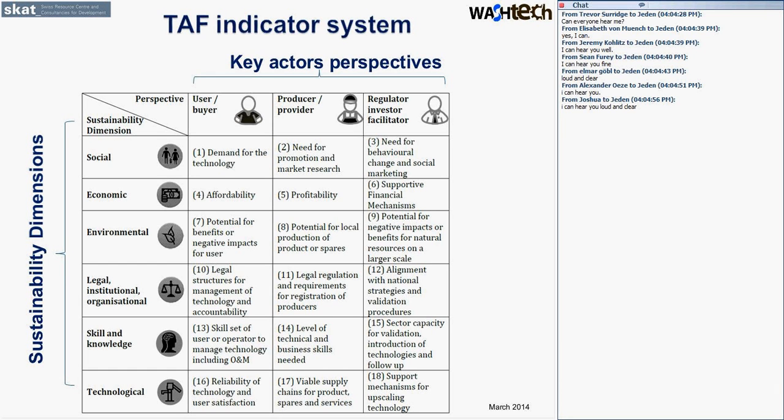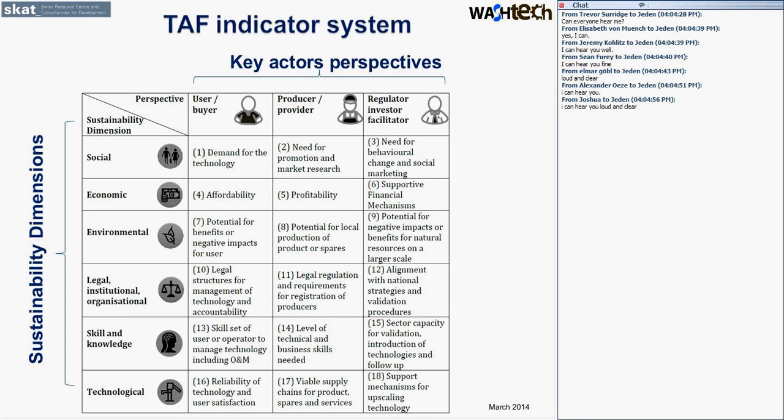These are the user and buyer of the technology, the producer and provider, and the third column includes the regulator, the investor of the introduction, and facilitator. For each square in this matrix, one indicator is defined. For example, if you look at the user-buyer perspective and the economic dimension, you see indicator number 4, affordability. So this indicator is about affordability from the perspective of the users to cover investment costs, but also costs for minor and major repair.